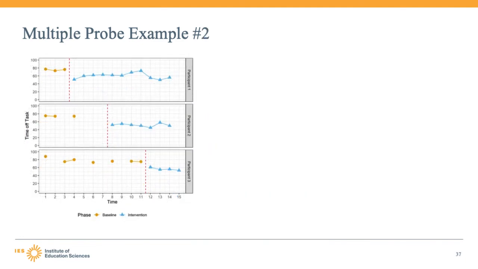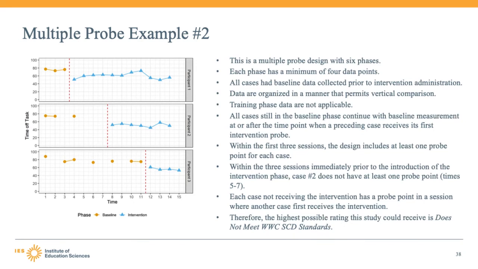Here is a second example, which involves a multiple probe design that includes 6 phases, 1 baseline phase and 1 treatment phase per case, and a minimum of 3 data points per phase. If we assess the 4 additional multiple baseline or multiple probe criteria, we can confirm that the design meets those criteria because 1. Baseline data are collected for each case prior to intervention. 2.